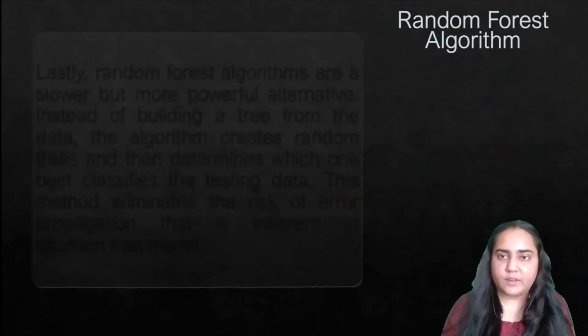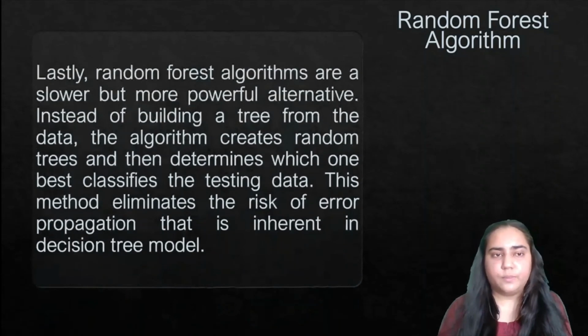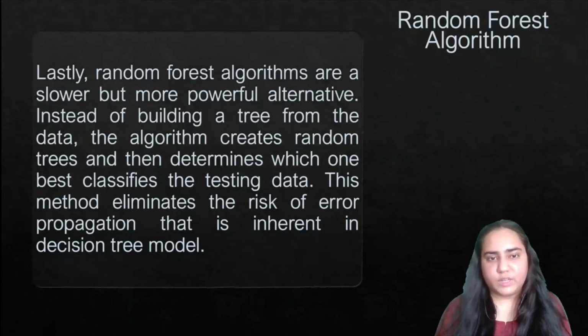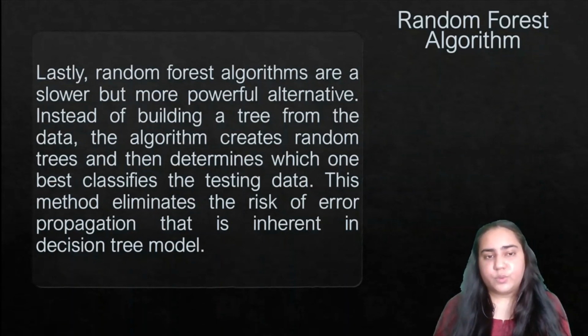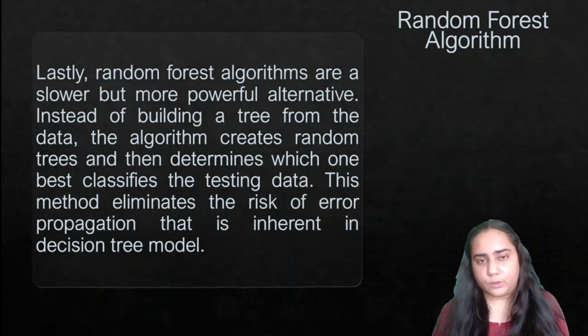And lastly, we have the random forest algorithm. It is a slower but more powerful alternative. Instead of building a tree from the data, this algorithm creates random trees and then determines which one best classifies the testing data. And it eliminates the risk of error propagation that is inherent in the decision tree model.